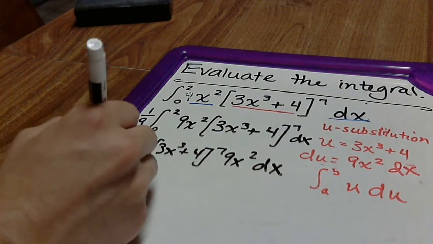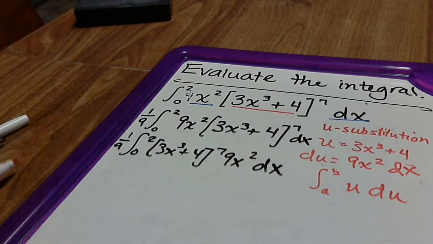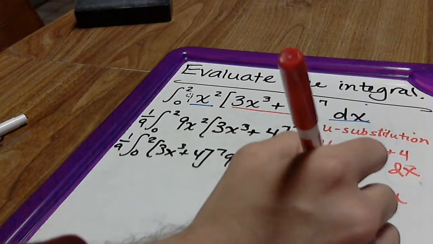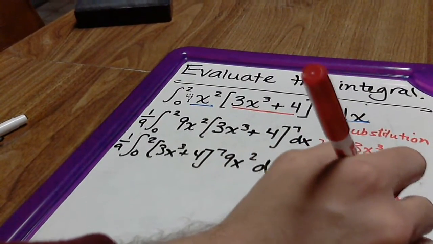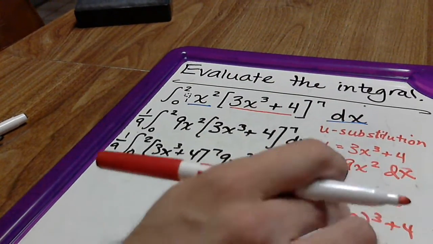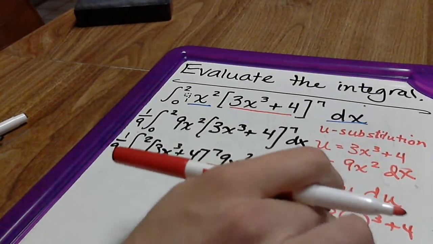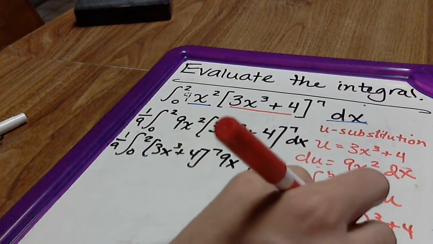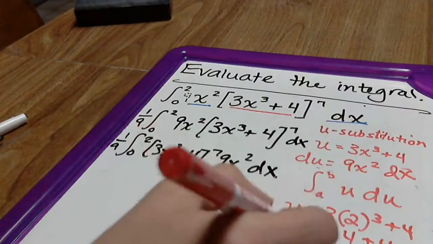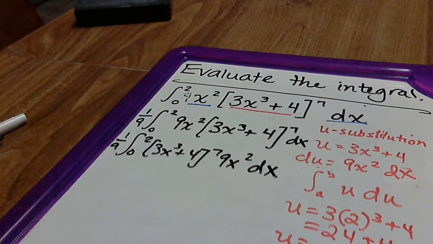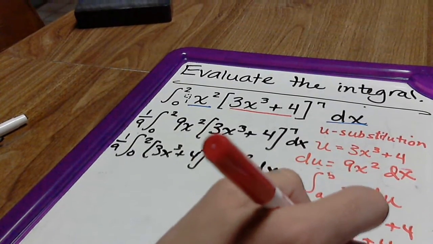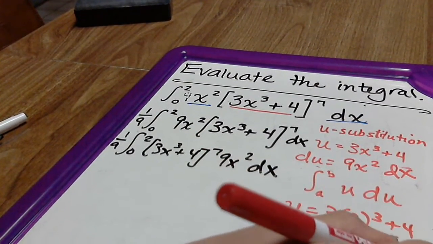So in order to get them in terms of u, I have to evaluate them in this function here. So u equals 3 times 2 cubed plus 4, which is 24 plus 4, which is 28. And then I have to evaluate the 0 as well. So 3 times 0 is 0, plus 4 is 4.